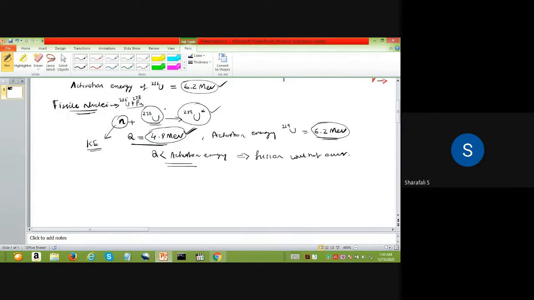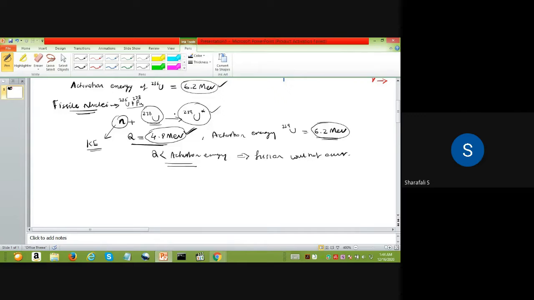But when the neutrons are highly accelerated and have more energy, and these energetic neutrons come and hit this uranium 238 nucleus and are absorbed, this uranium will become 239 in the excited state plus some energy because of the energy of those neutrons.